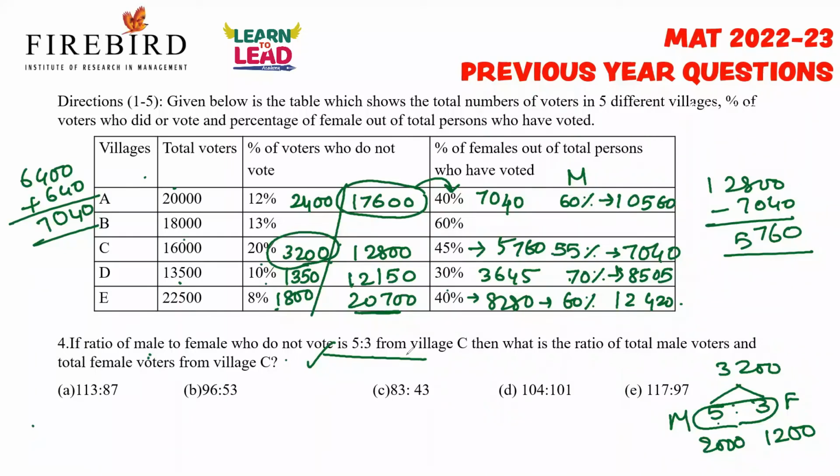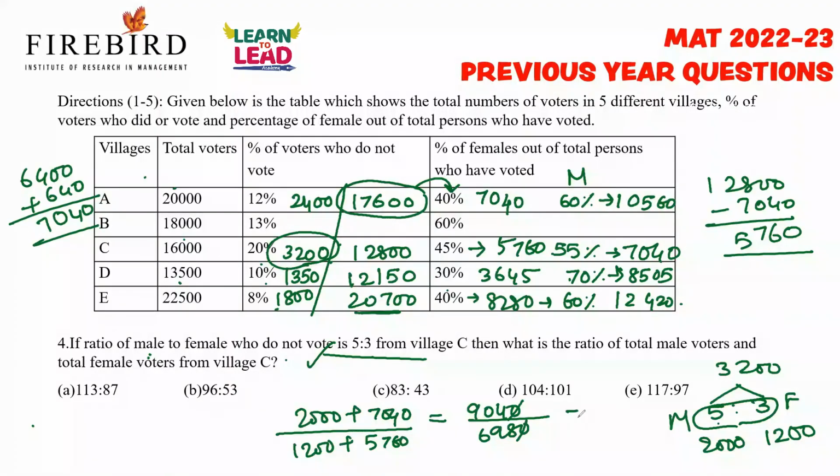First, they are asking, what is the ratio of total male voters to total female voters? Total male voters will be 2,000 plus 7,040, which is equal to 9,040, divided by total female voters, 1,200 plus 5,760, which is 6,960. The 0 will get cancelled.